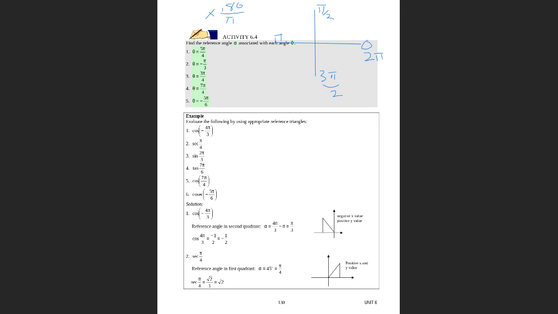That means it's going to be in the third quadrant. So we are going to have 5 pi over 4 here.